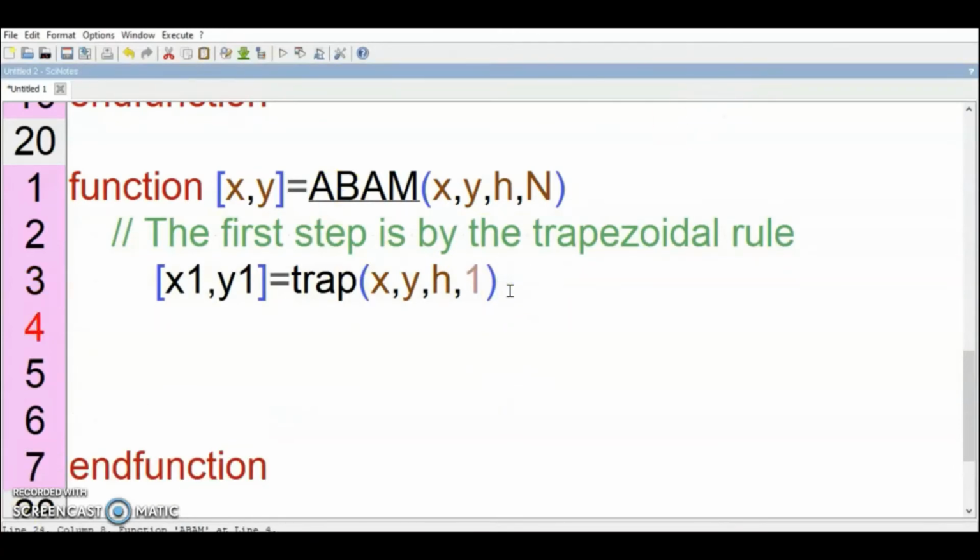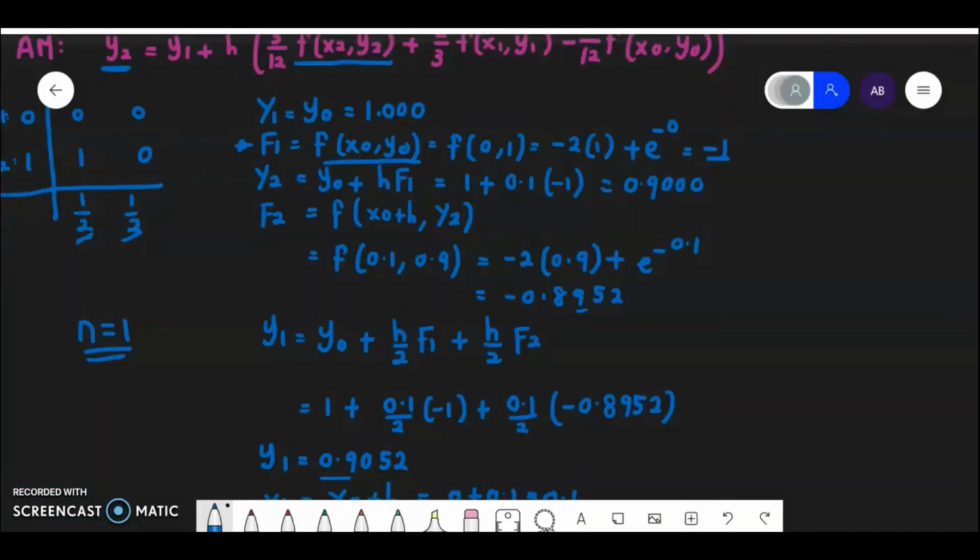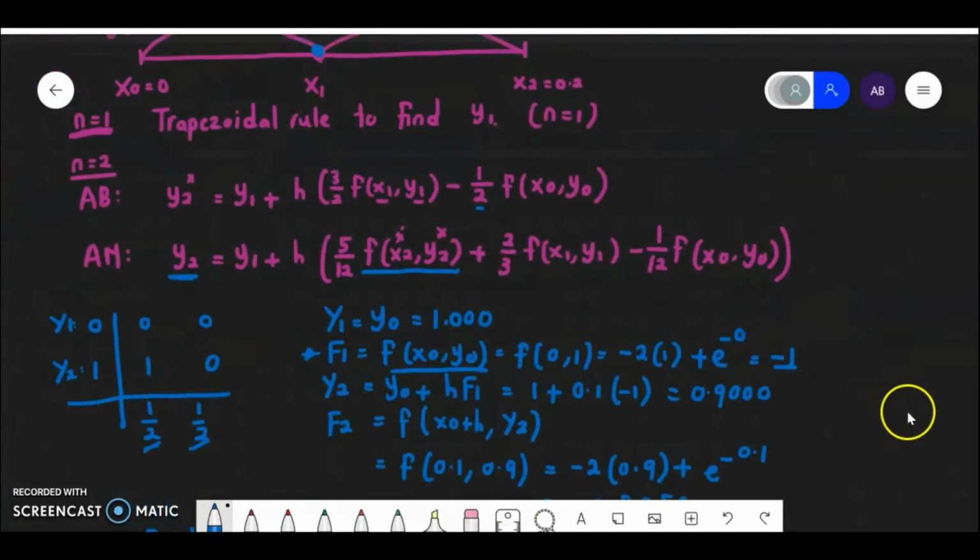So from here we have f naught equals fn of x and y. What is this f naught here? Let me write it down on my whiteboard so that it'll be easier for you to code later on.